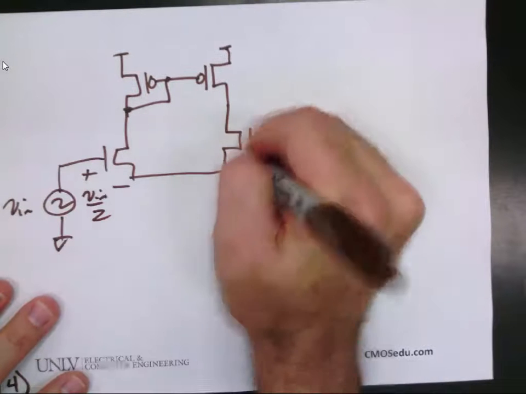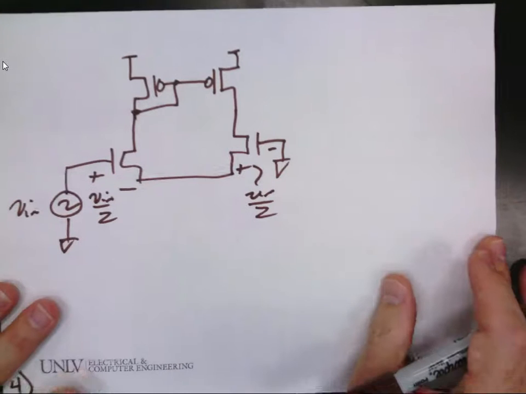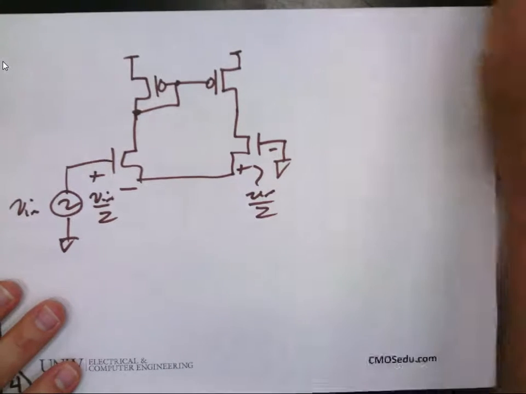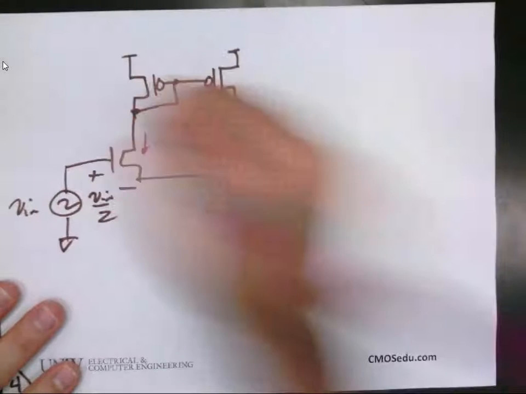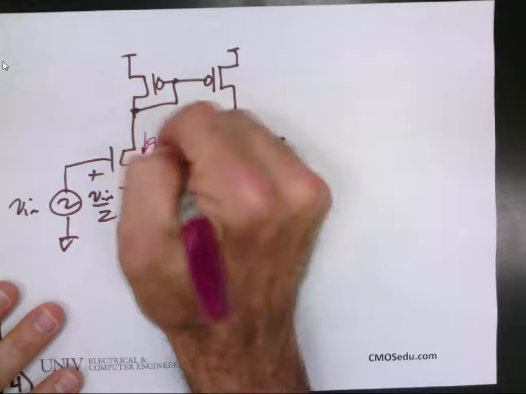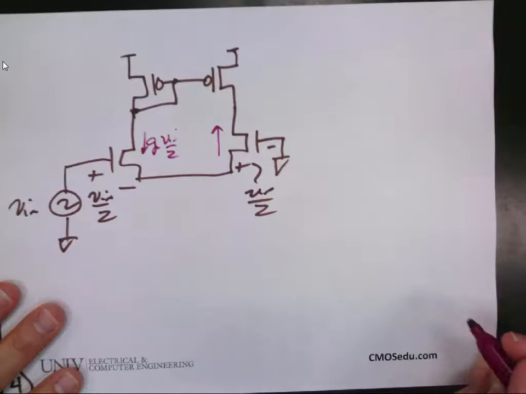Vn over 2. Vn over 2. Does this look right? So what's the current flowing there? Gm Vn over 2. What's the current? I'm going to draw it going up like this.